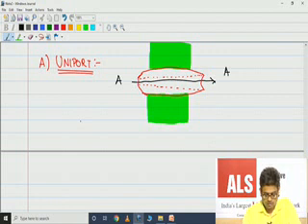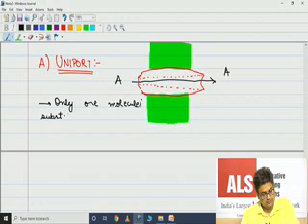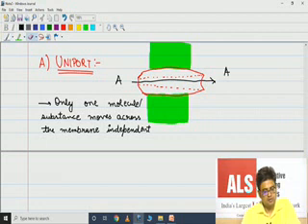Please write about it. Only one molecule or substance moves across the membrane, independent of other molecules.